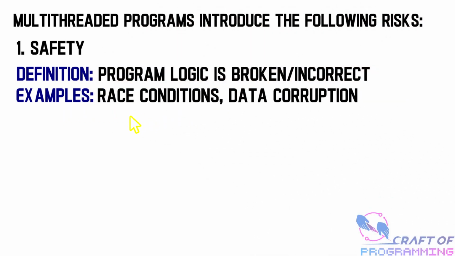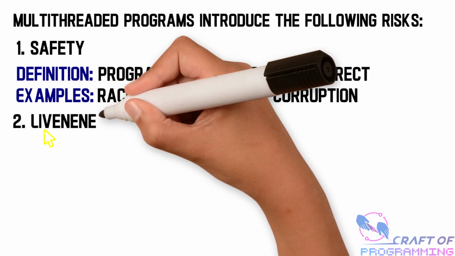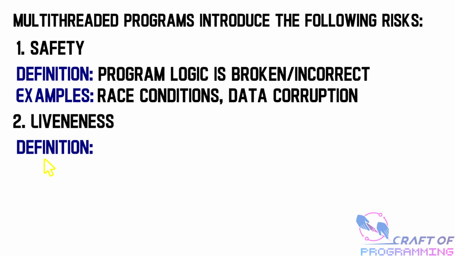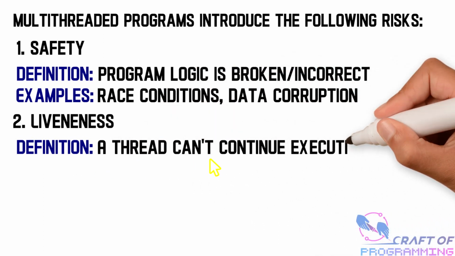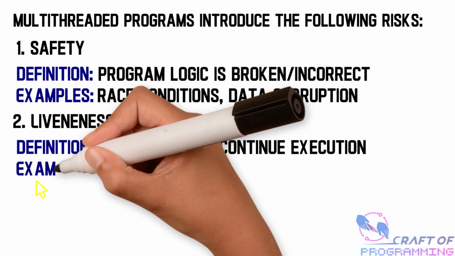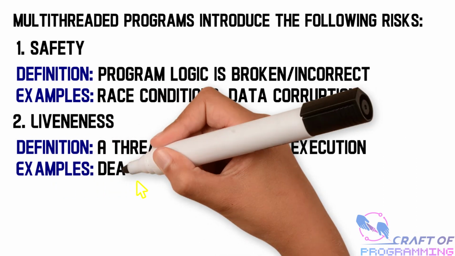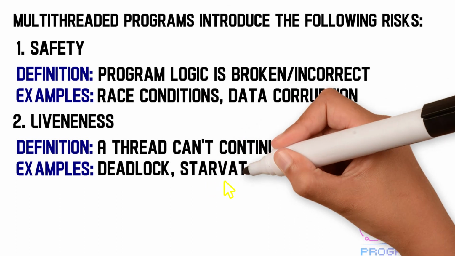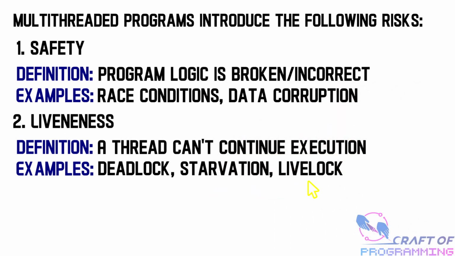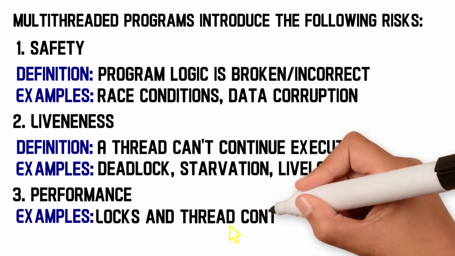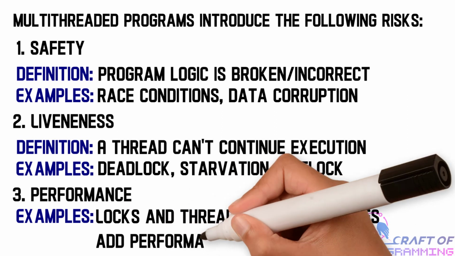There are also liveness risks introduced by threads, which are problems related to a thread not being able to continue execution. The most common and perhaps well-known example of a liveness risk is a deadlock, but there are others such as starvation and livelock. And finally, threads also introduce performance risks. Locks and thread context switches add performance costs.